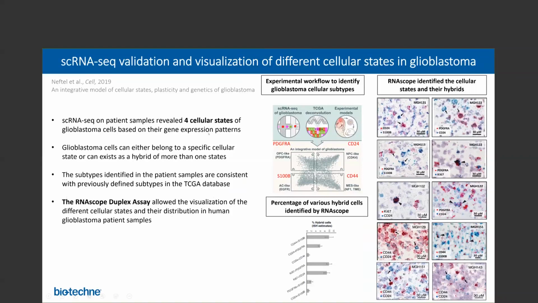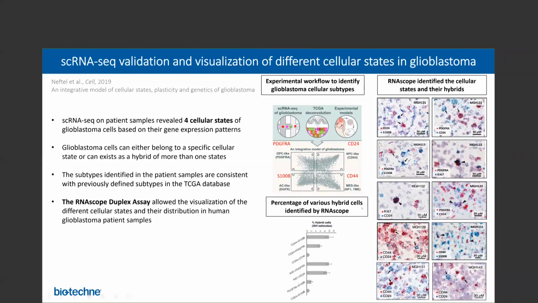They associated different markers with these individual cellular states using the RNA-seq technology. But they wanted to visualize these cellular states in vivo, and they utilized the RNAscope Duplex assay to visualize these different cellular states within the glioblastoma tumor.